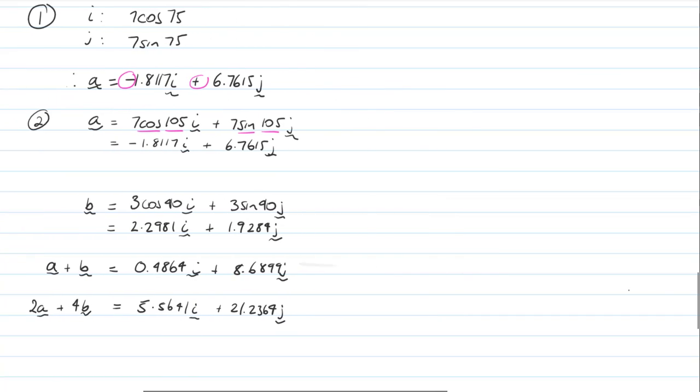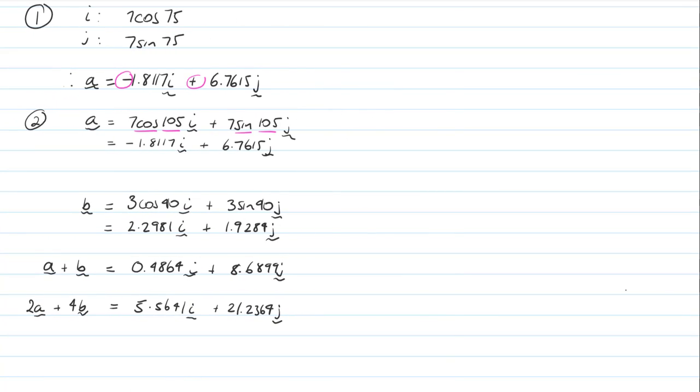So I recall, and I'll just do this over here, that for this one, we get an R value equal to the square root of 0.4864 squared plus 8.6899 squared. And so our R value in this case is 8.7035, so that's good.